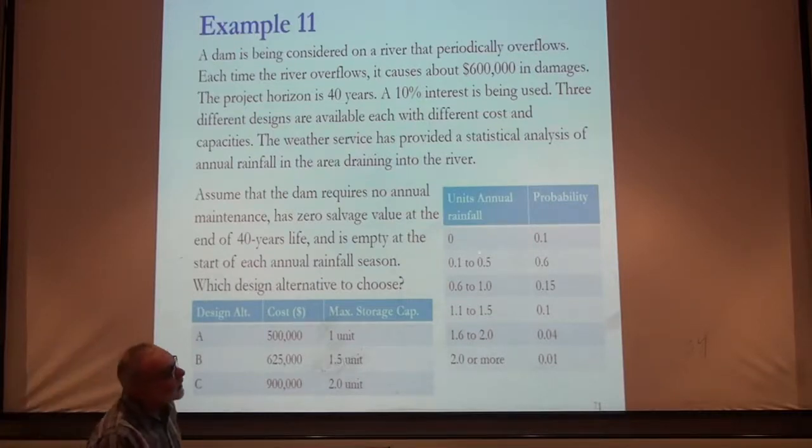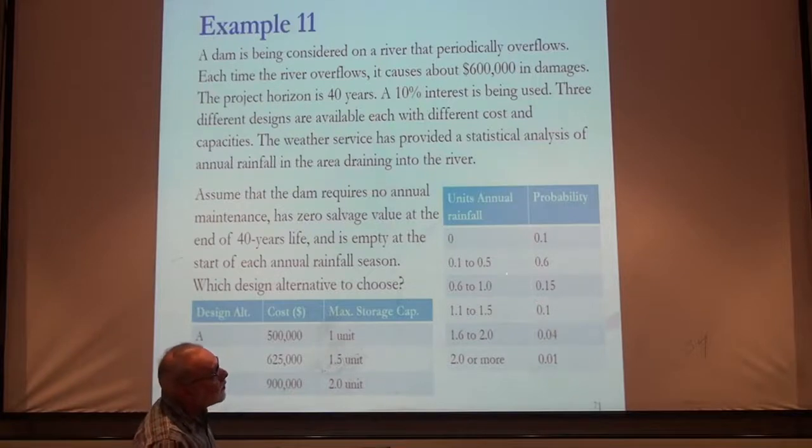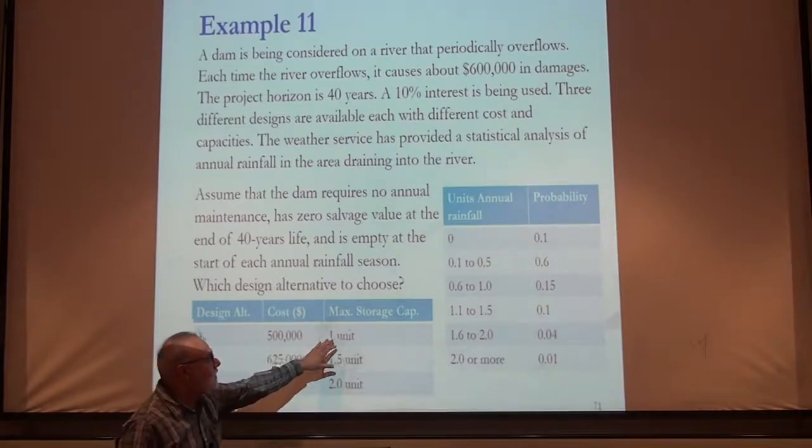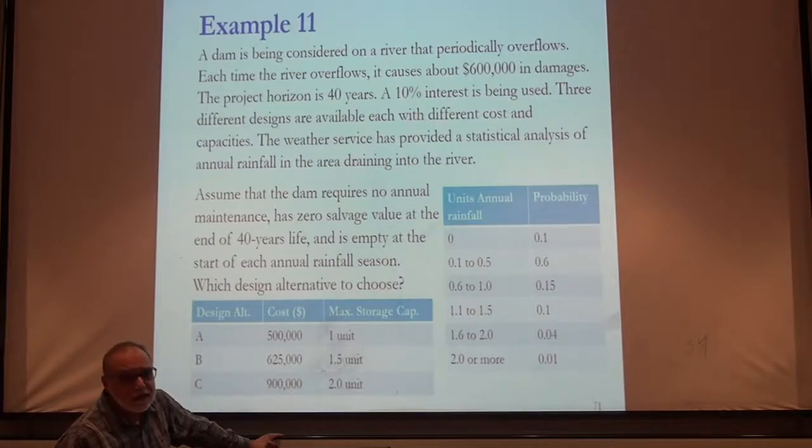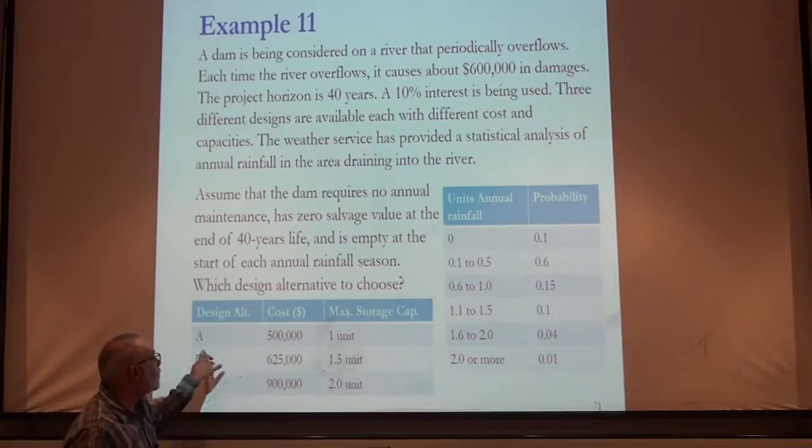As you can see over here, we have a probability of 0.85 that there is no overflow for design A. 0.1, 0.6 and 0.15, the total is 0.85. So only a 15% chance that there will be overflow if we go for design A.